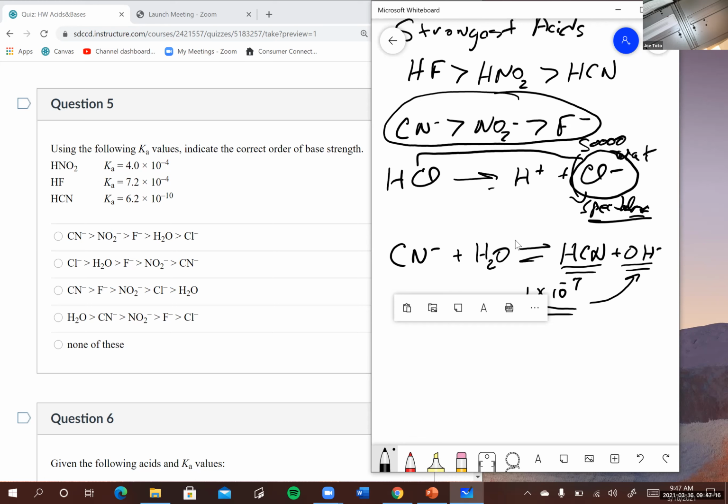So we just say, okay, after F minus, then comes water, which is good, pH is 7. And then the weakest of all of those bases would be Cl minus, the spectator. All righty. Any questions on number 5?